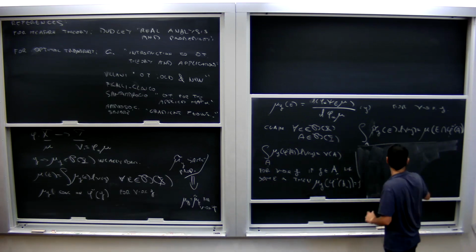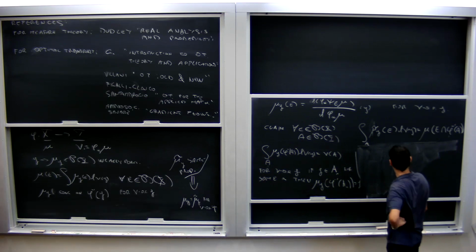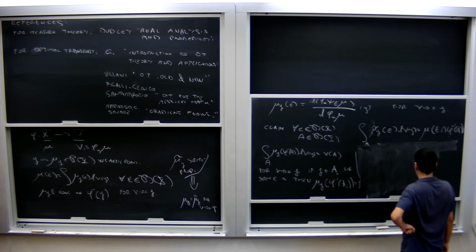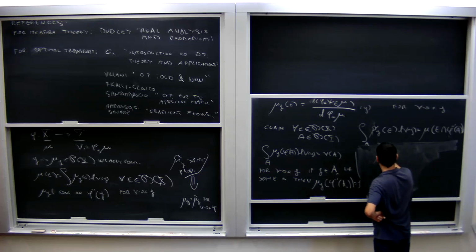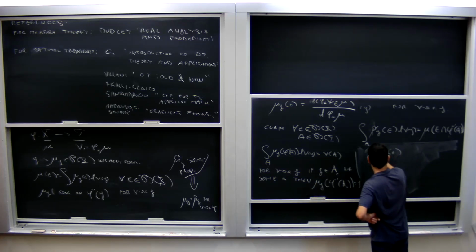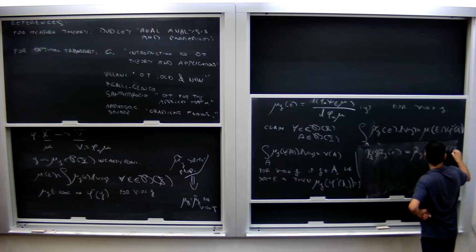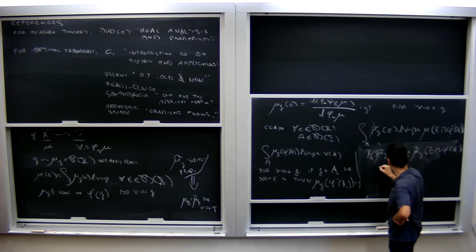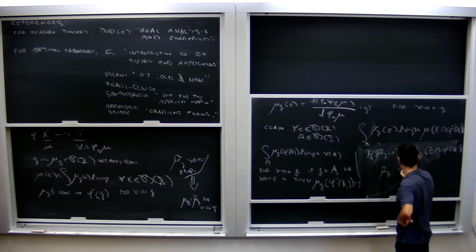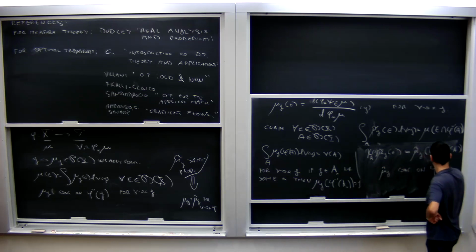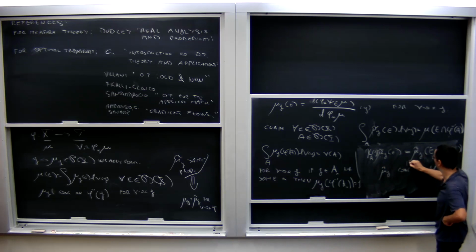So I guess the claim is this: mu tilde y of E times the characteristic function of y, this is equal to mu tilde y of E intersection phi minus 1 of A. So the point is this: if mu tilde y is concentrated on the preimage of y, then this formula holds.